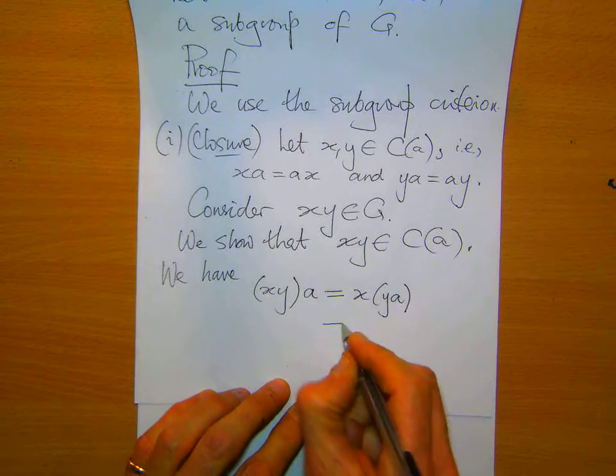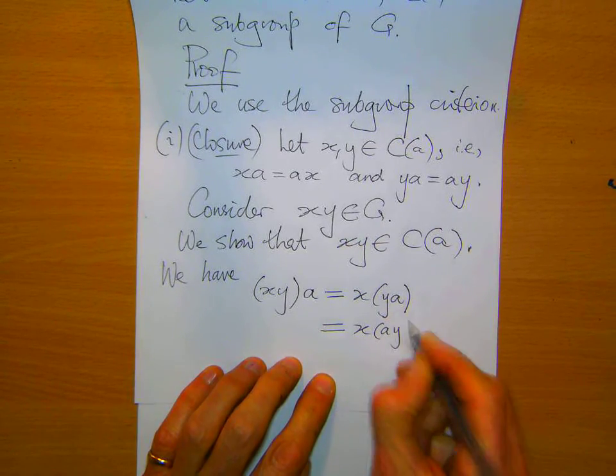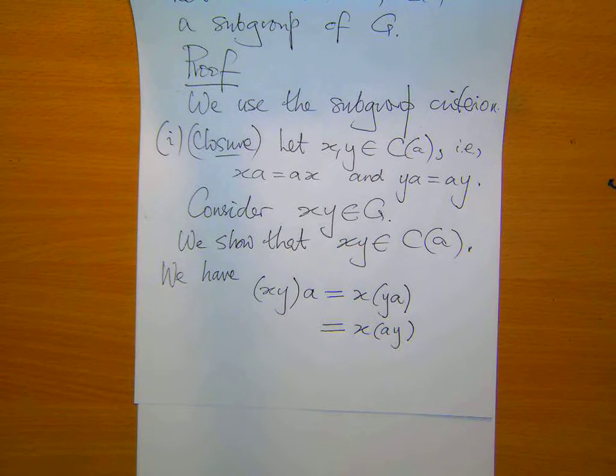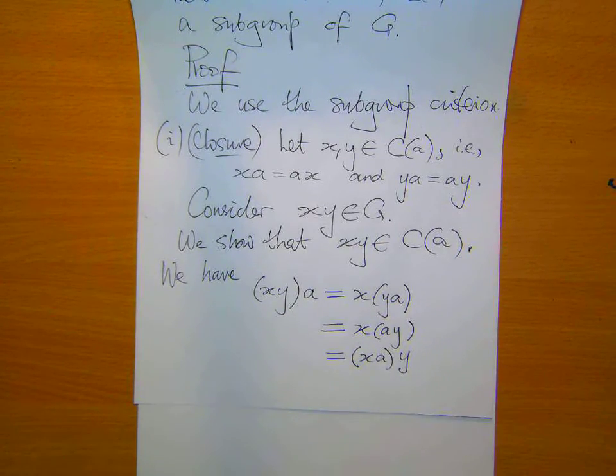And this is very much a follow your nose proof, in that each line there's nowhere else to go but the kind of obvious thing. I'm now going to use the fact that y is in C of A, so I can swap y and A around. So that's using the fact that y is in C of A. So YA equals AY. And now I'm going to get x and a next to each other by using associativity again. So that's using associativity again.